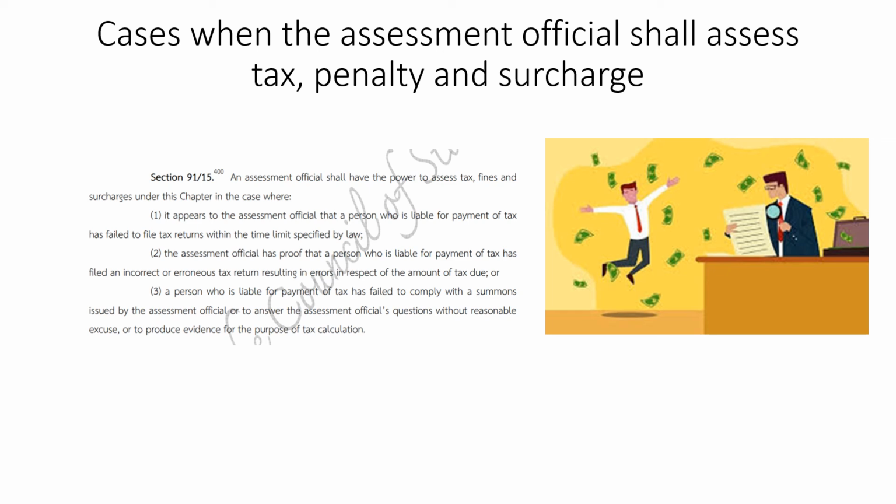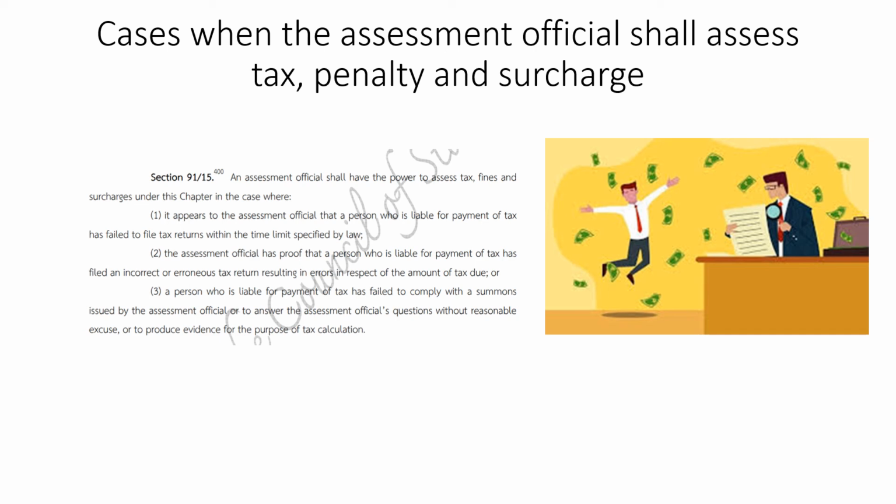For example, Section 91/15 says that the officer has the power to assess if it appears that a person who is liable for payment of SPT failed to file the tax return in the time specified by law, which is 15 days of the following month, right? If you forget or you haven't submitted the tax return, the tax officer has the power to assess your SPT.